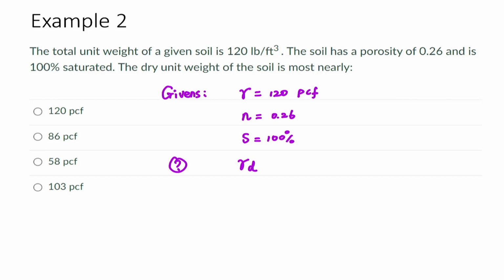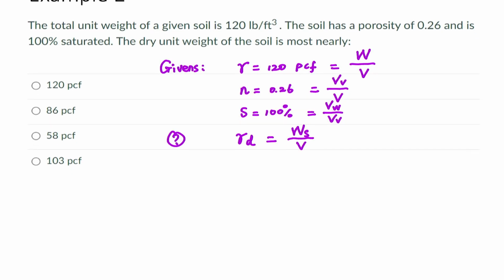For example, the unit weight is the total weight of the soil over the total volume of the soil. Porosity is the volume of the voids over the total volume. And saturation, which we don't really need here, is the volume of the water over the volume of the voids. And the dry unit weight is the weight of the solid over the total volume.